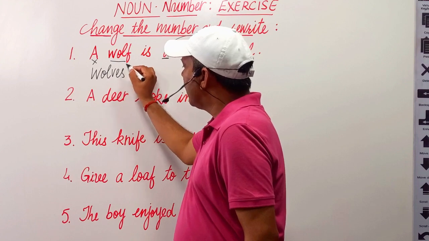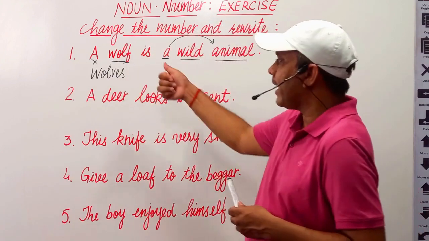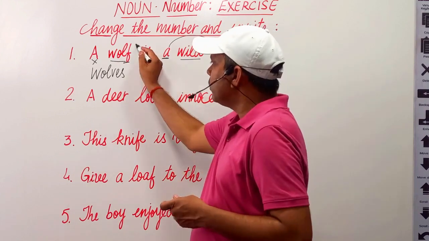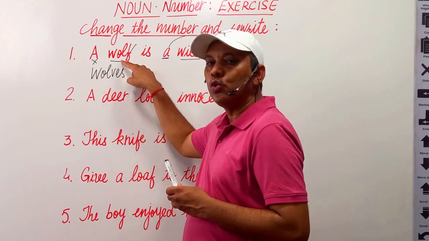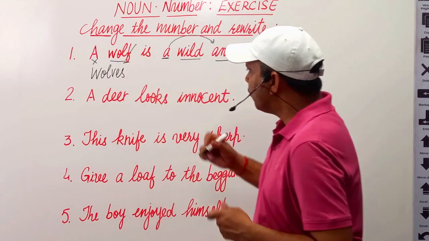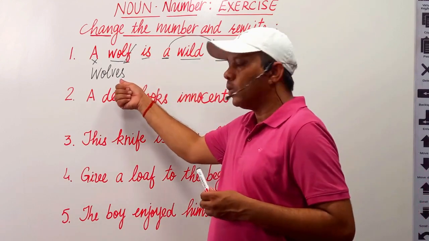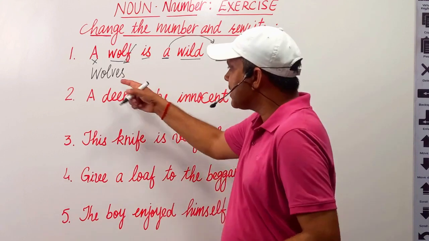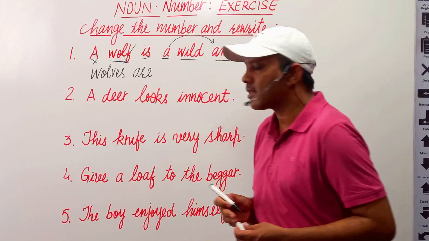I have told you that for all the words ending in F or FE, we remove the F or FE and add VES to the singular to make it plural. Wolves. Now the verb will also change according to the subject. Now the subject is plural, so we shall use a plural verb.